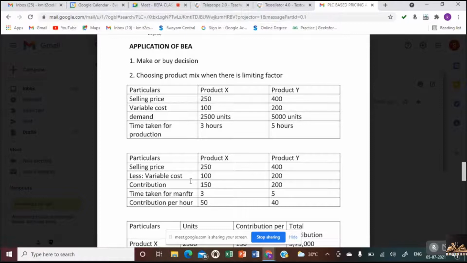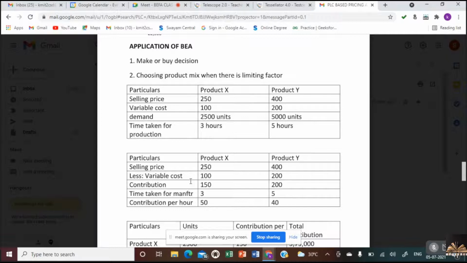So on what basis do you decide which product to produce and how much? Here, the limiting factor is hours, machine hours. So what we need to calculate is contribution based on machine hours. Is it clear, Nana?